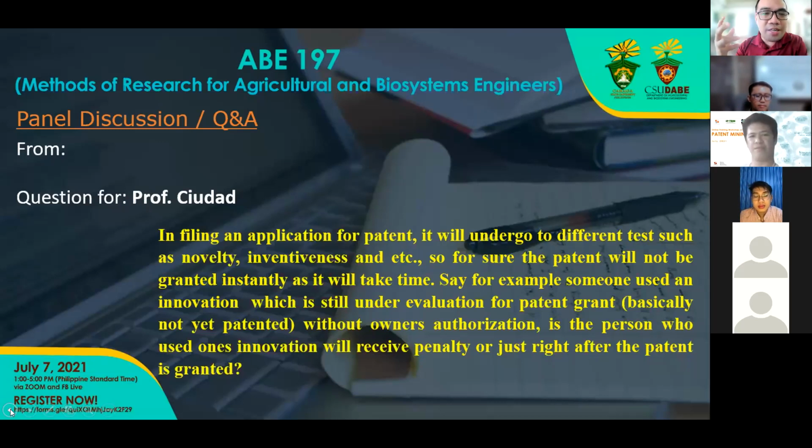If you're confident enough that the patent will be granted to you, and then people actually begin commercializing, introducing their product to the market, the moment that the patent is already applied, that means that you have the priority date, as mentioned by Kenneth. And that's why you see on product labels patent pending.